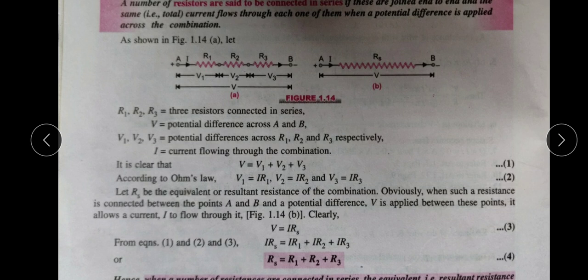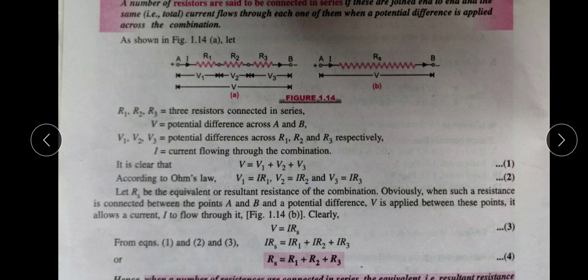Clear? Then take Rs to be the total resistance of this combination. Okay, then we know that I is the total current of the circuit and the current for each resistor. Then Rs is the total resistance. We know that V is equal to I into Rs. Listen to that step.